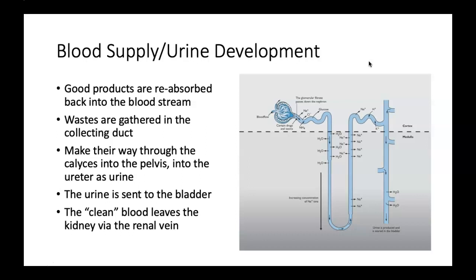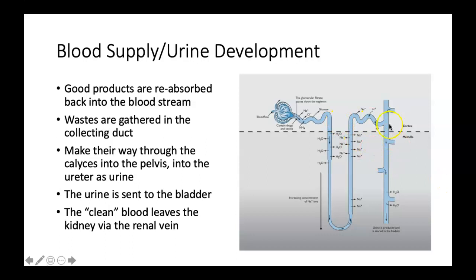Again, going back to the nephron, blood flow is coming in through the glomerulus, working its way through the proximal convoluted tubule, and as you can see here, a lot of the water is taken out of the blood in the proximal convoluted tubule, and it carries on through the loop of Henle, at which point we start to see some of the substrates being removed. If we carry on up the distal convoluted tubule, we're taking a lot of the sodium back into the body.